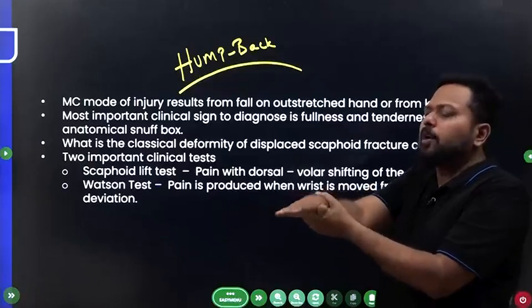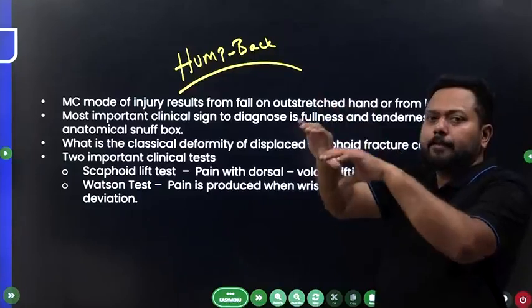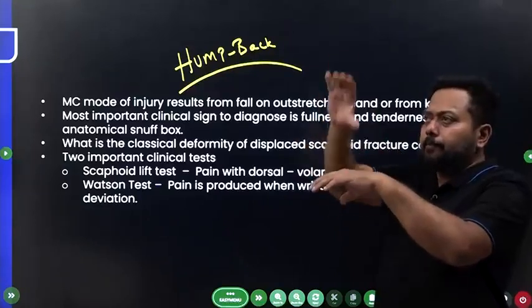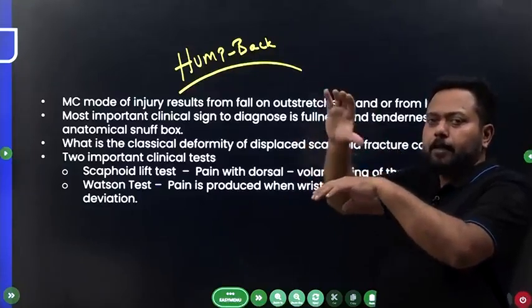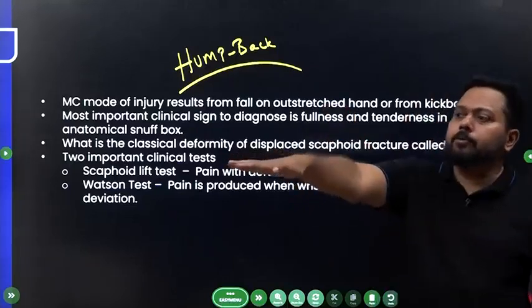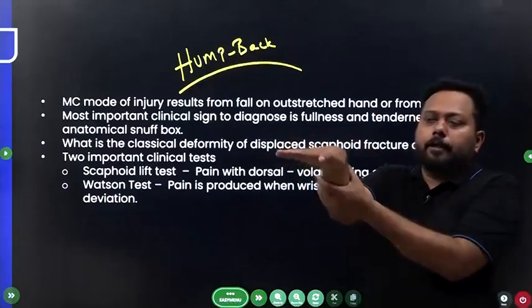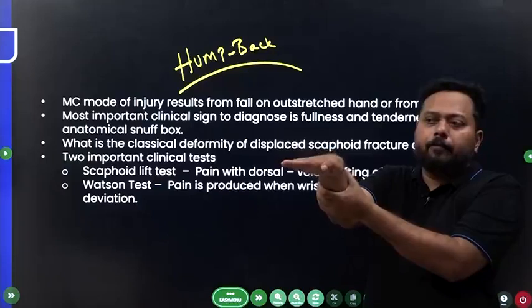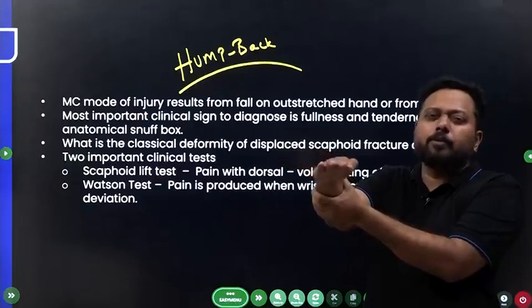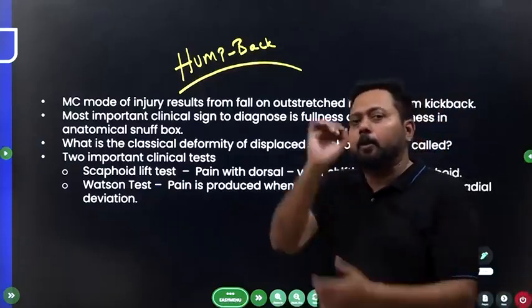Scaphoid lift test you are doing in this position, in the anteroposterior axis; Watson's test is done sideways. Make the patient keep the hand on the table, ulnarly deviated. Ask him to move from ulnar deviation towards radial deviation. Severe pain is experienced along the scaphoid, and that's called Watson's test.